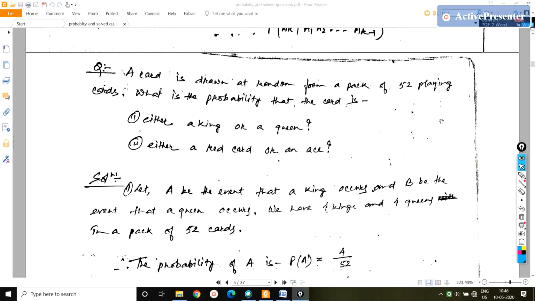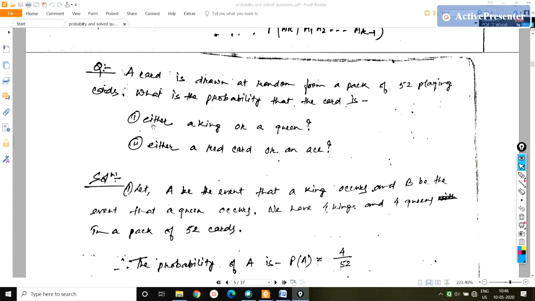So to solve this problem, you will first see that the problem tells you to find the probability when the card is drawn, whether it is either a king or a queen, or either a red card or an ace. As I told in my previous lecture, you should know the constitution of a pack of cards. So let us go to problem 1.